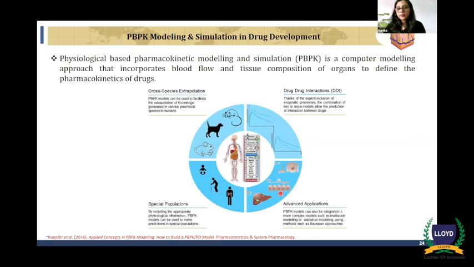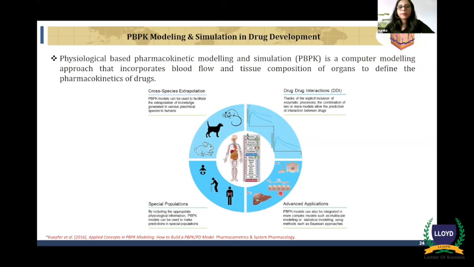And specifically, I would like to mention for topical drug delivery, there has been very recent attention by the FDA for PBPK modeling and simulation approaches in order to speed up the approval process for the generic drugs, because of a number of topical products which are available in the US market, they have got generics for just 2 or 3, which ultimately adds to the cost of these products.